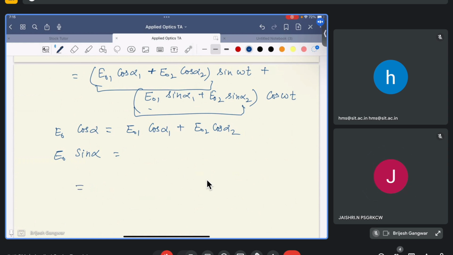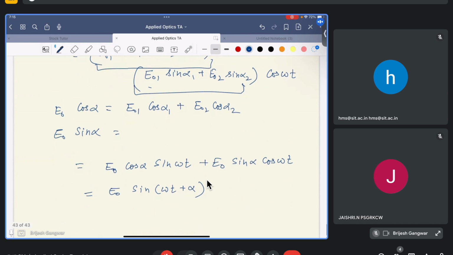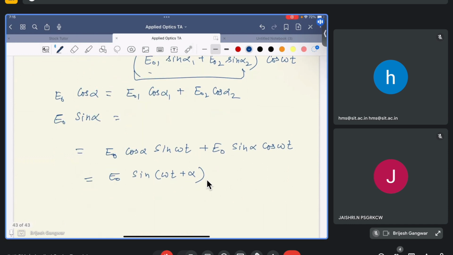Then you can write E0 cos α sin ωt plus E0 sin α cos ωt, which is E0 sin(ωt + α). Is it so? Yes, this is so.